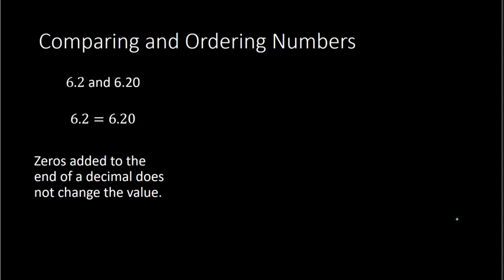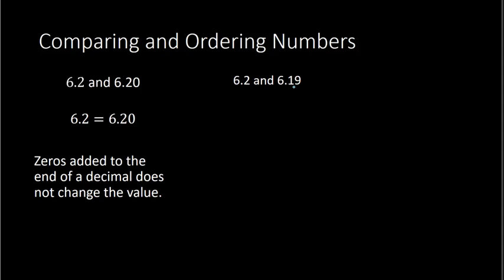And next we have 6.2 and 6.19. And you are told to determine which number is bigger. All right, so right here, notice that we have only one digit after the decimal point for the 6.2, and then for the second number, we have two digits after the decimal point.